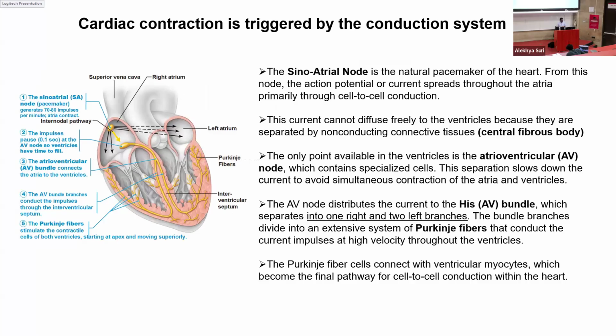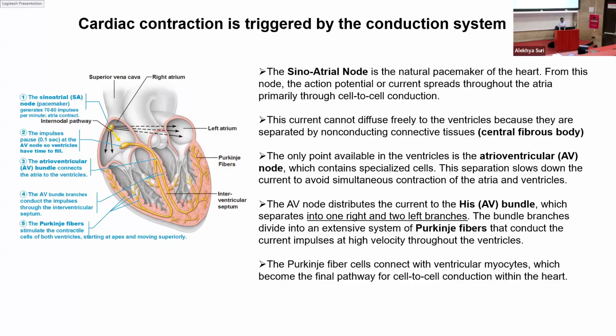Okay. And the other important part of the cardiac contraction is the conduction system. The actual signal, the action potential of a cardiac muscle, is developed first in the right atria, and then it will be propagated to the left atria, then it will go to the ventricle through the His bundle that I showed you in the first few slides.